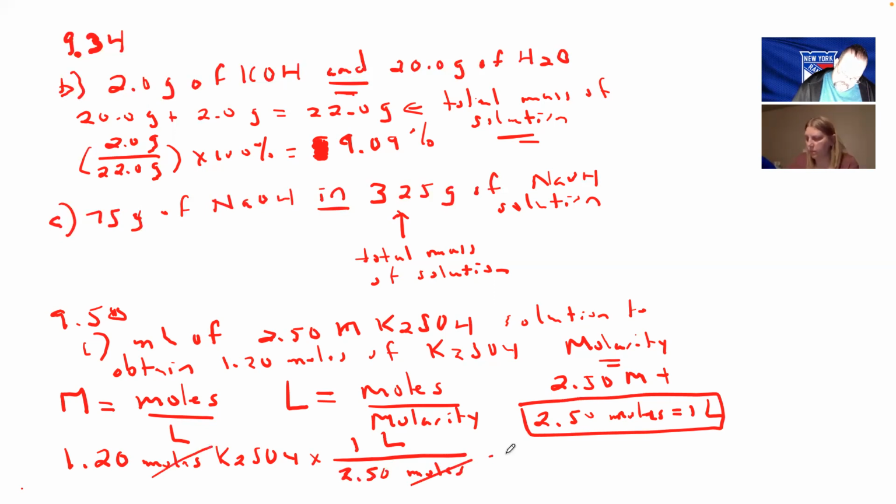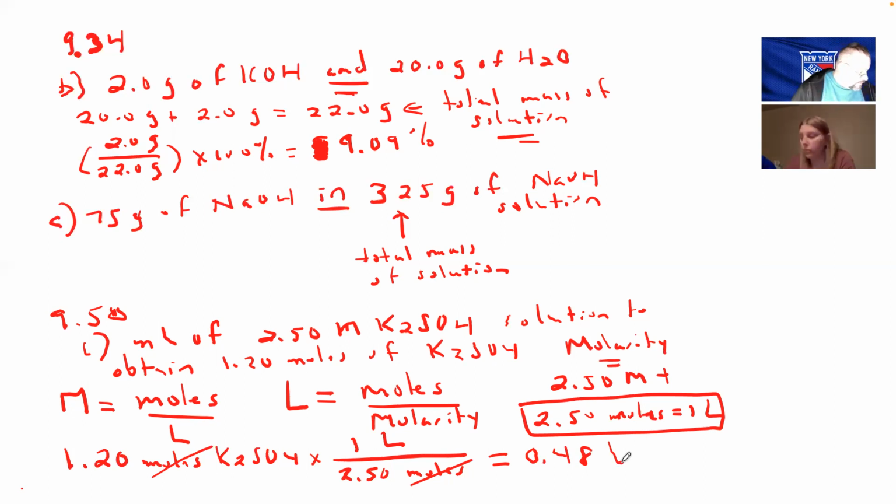Because now when I do that, the moles cancel, so I have to divide the two numbers. So if I do 1.2 divided by 2.5, I get 0.48 liters.